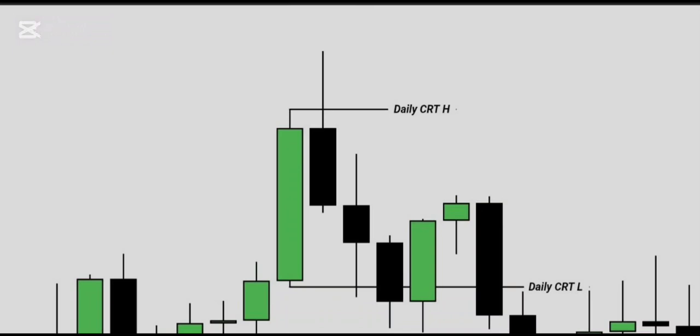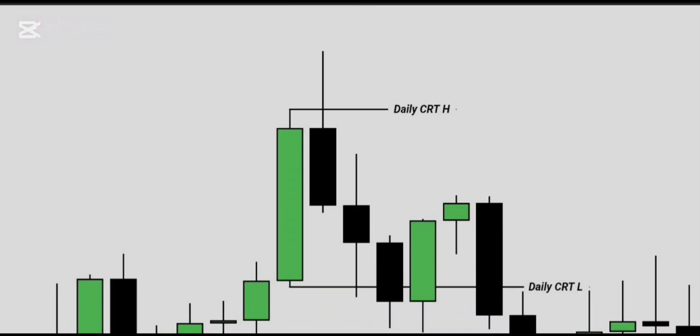So all I would do is to go to a lower time frame like the 4 hours to look for a CRT in the 4 hours, right? And I would target the low of the CRT of that 4 hours, or I would target the 50% of the daily CRT or the low of the daily CRT. Now I want you to look at this diagram.